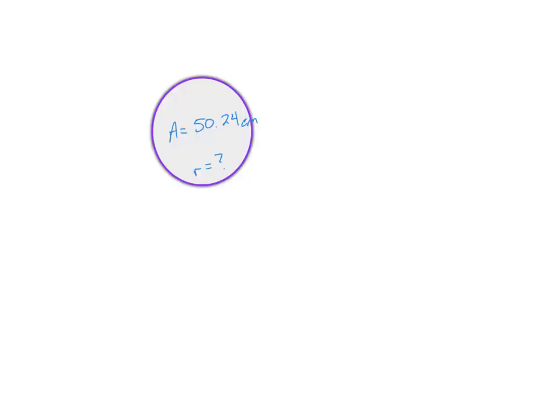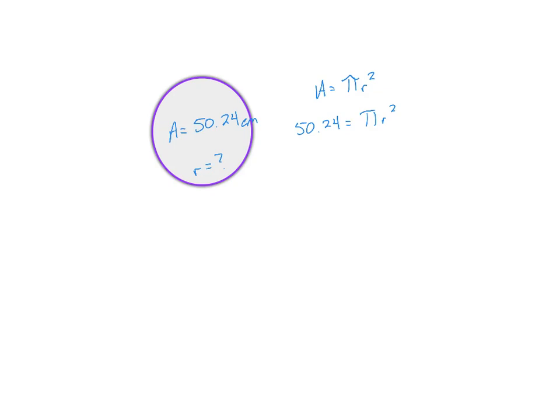All right, I was just kidding. I got one more problem for you. I have a circle, and I know what the area is, but I need to find the radius. So I have my formula, apple pies are 2. I'm going to take 50.24 and set that equal to pi r squared.